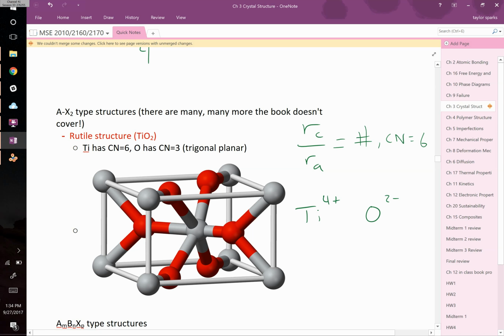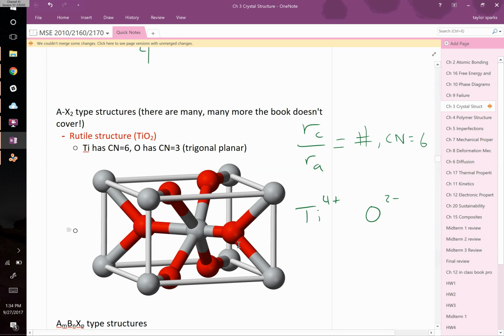Or in other words, we have to have missing spots where we could put a titanium in there. There's room for it, but because of charge neutrality, we have to have half as many titaniums as there are oxygens. So when you calculated this and figured out that your cation is surrounded by 6 anions, you know immediately, due to the charge difference, that your anion can only be surrounded by half as many, so 3. Okay? Make sense?